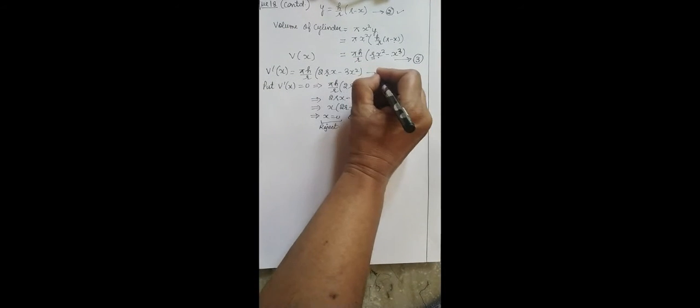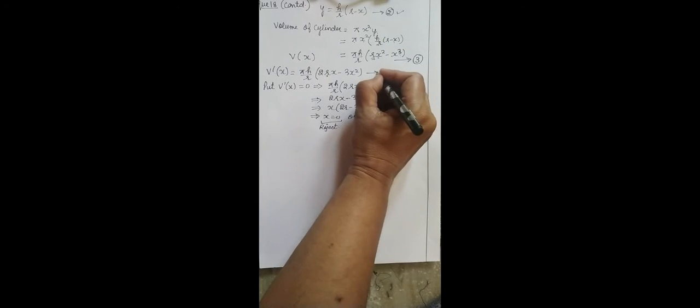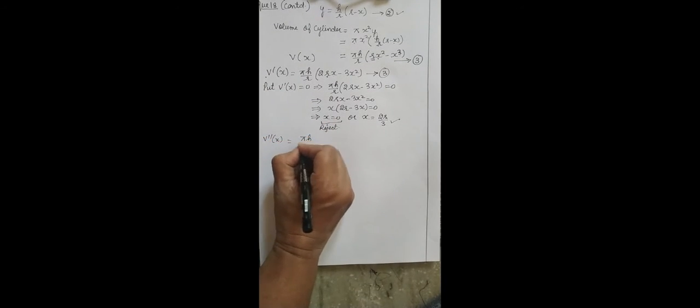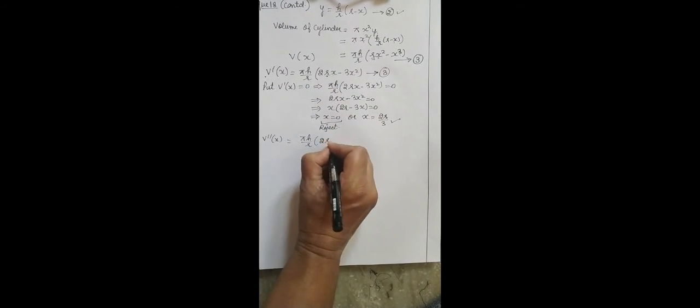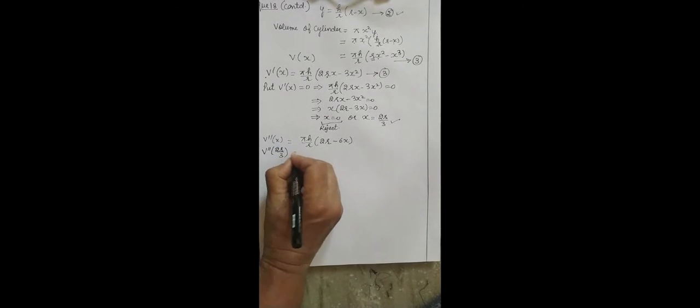Now I will mark this result as 3, the derivative of v x. Now again differentiating 3 with respect to x for finding the double derivative. So it will be pi h upon r. Now derivative of 2rx will be 2r because r is constant, and derivative of 3x square will be 6x. Now finding the value of double derivative at the point 2r upon 3.